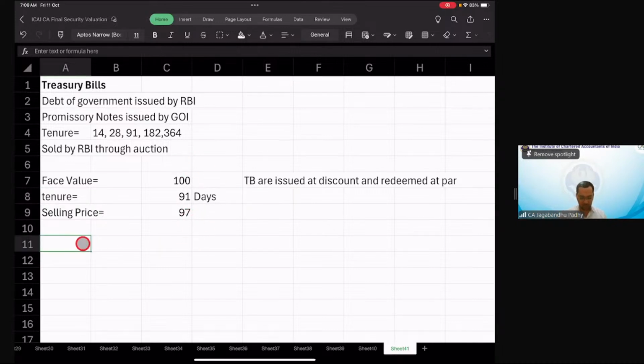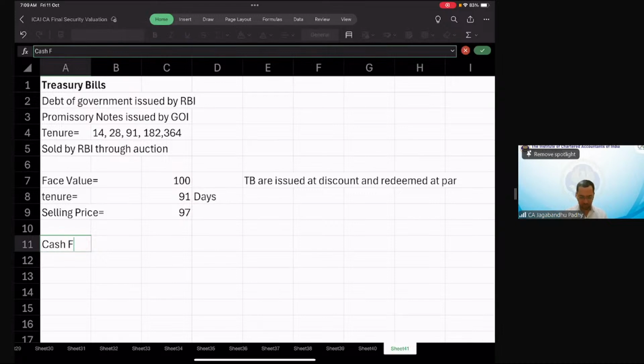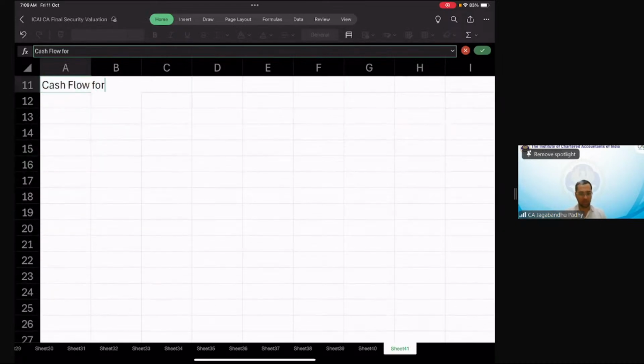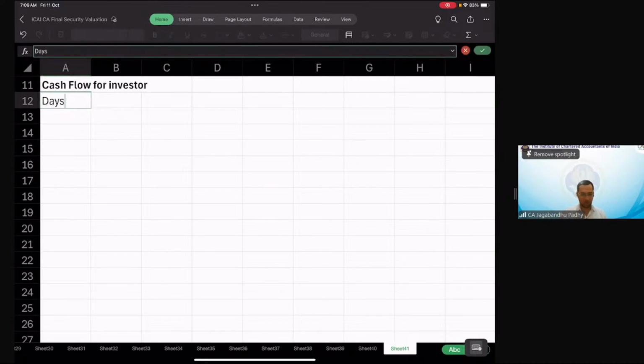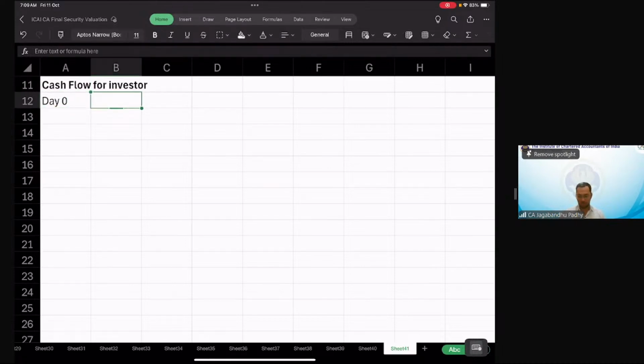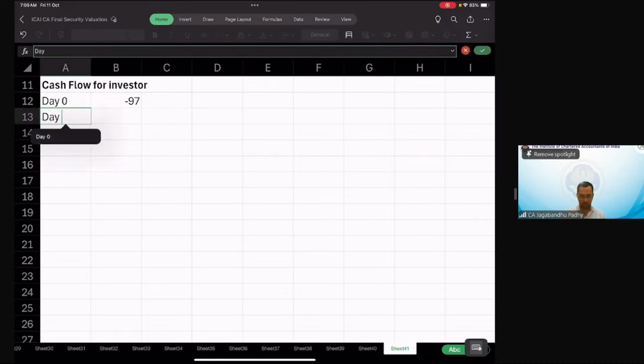So basically, look at the cash flow that will happen for an investor. On day 0 you have to pay 97, and then on day 91 you will receive 100.